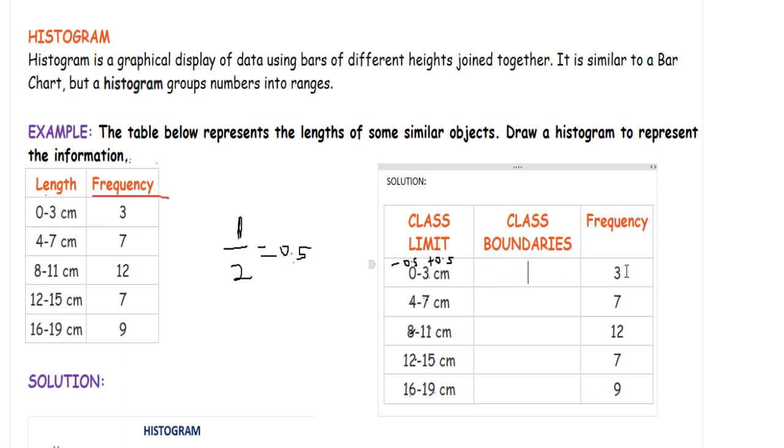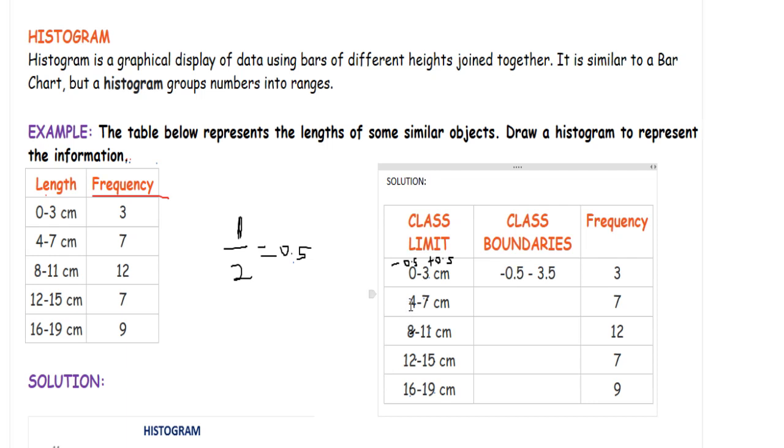0 minus 0.5 is minus 0.5, and 3 plus 0.5 is 3.5.